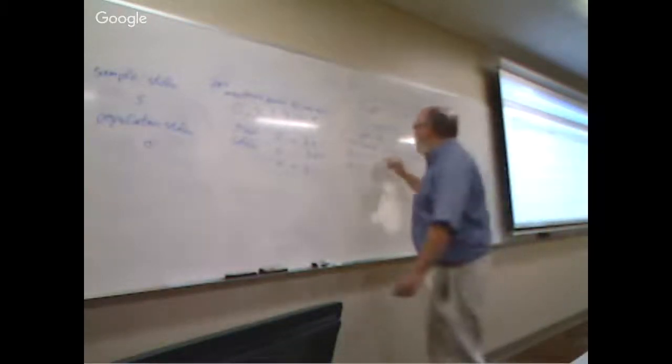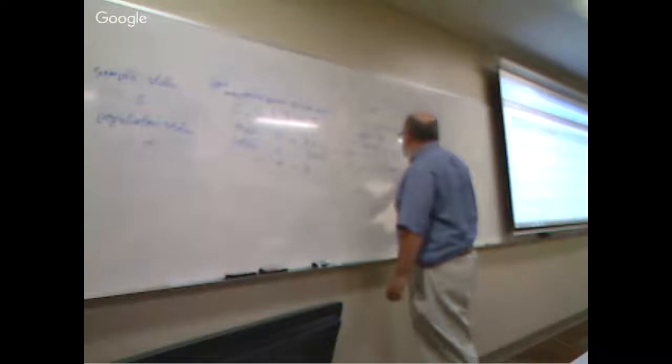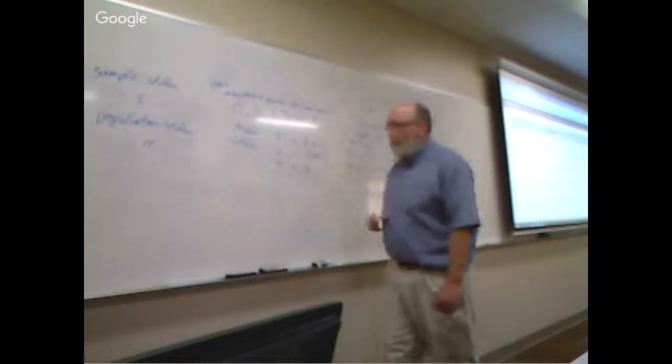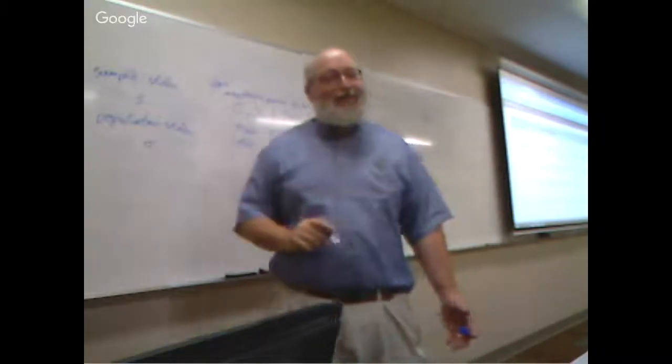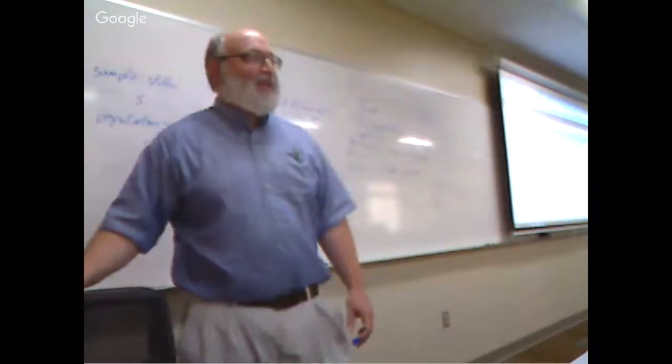0.025. Five degrees of freedom, 12.833. Now, where's chi-squared left?